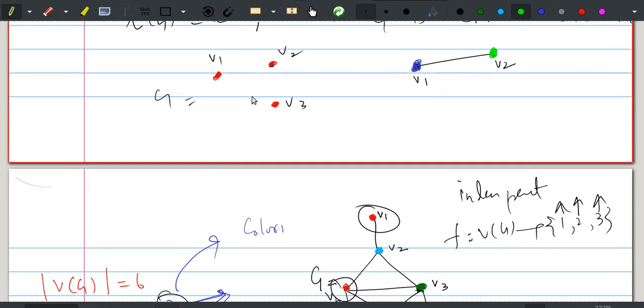A graph G is one chromatic if and only if it is totally disconnected, and a graph having at least one edge is at least 2 chromatic, I mean bichromatic.